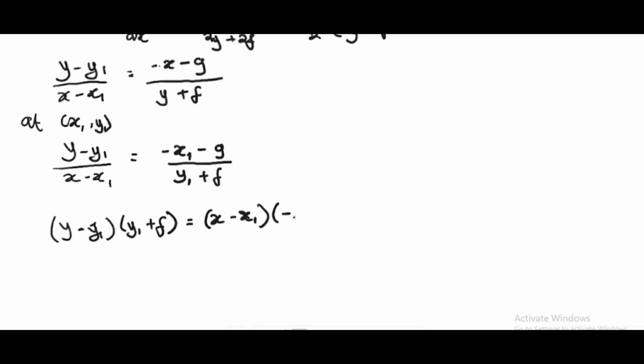times minus x1 minus g. So if you expand, if you open up these brackets, you're going to have x1 plus y1 plus g into x plus x1 plus f into y plus y1.